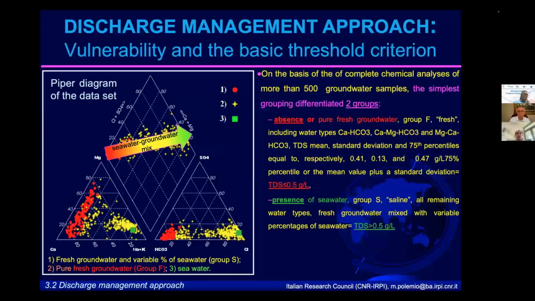The rest, the yellow and green dots, are mainly the effect of the mixing. If we study the red dot samples, statistically we can distinguish a threshold that is typical of this aquifer, of this poor fresh groundwater. The threshold between poor fresh groundwater and groundwater with a content of saline or marine waters was assessed at 0.5 grams per liter.